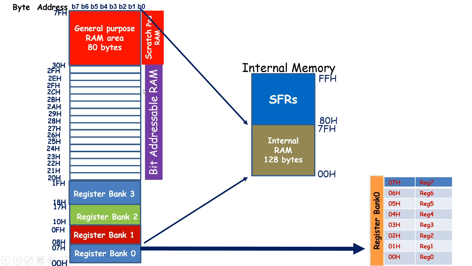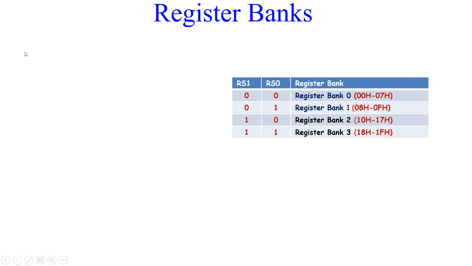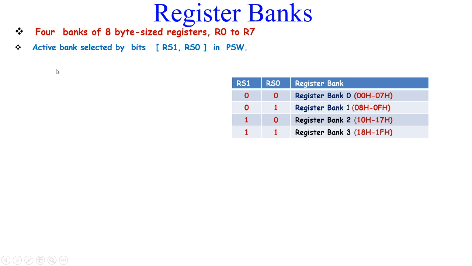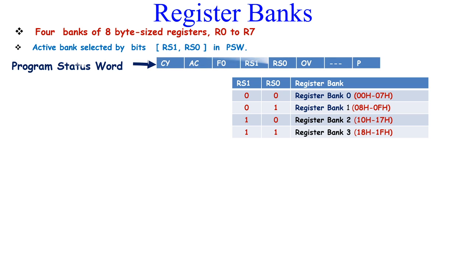Another memory is the bit addressable scratch pad memory. All these things we discussed in the previous slide. Register banks: now how does a register bank get selected? The register bank is selected by using the RS0 and RS1 bits of the PSW register, the program status word register.